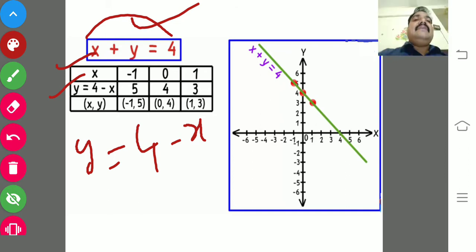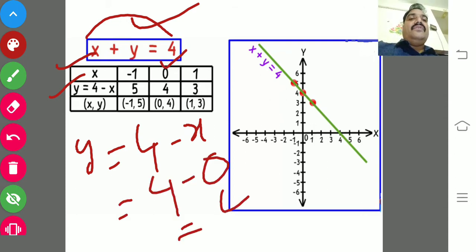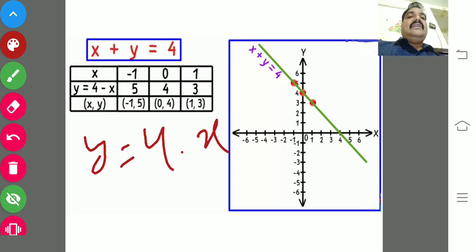The number line begins with 0, and we have positive values and negative values. Here I have simply taken three values: 0, minus 1 and positive 1. When you take 0, you get 4 minus 0, which is 4. If you take x equal to 1, 4 minus 1, you will get 3.